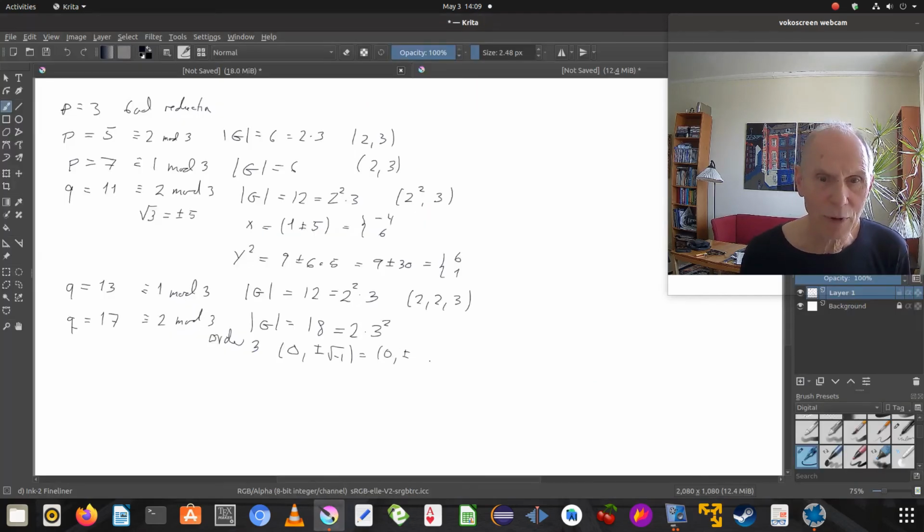If I'd been a bright guy, I should have known that. And I don't have a way to check that, so we just believe it. It makes sense. And that means that the type of the group is 2.3 squared, 2.9.